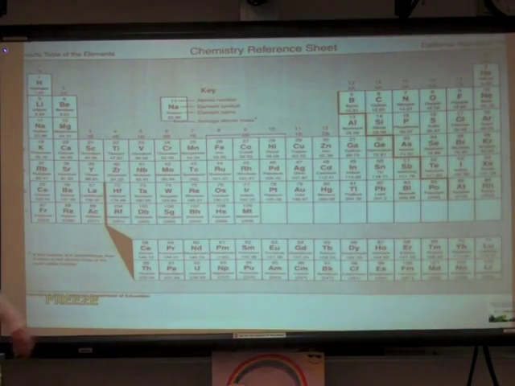The valence shell is in quantum level 1, then quantum level 2, quantum level 3, 4, 5, 6, 7. So as we go down a group, the valence electrons are existing in quantum levels ever further from the nucleus.